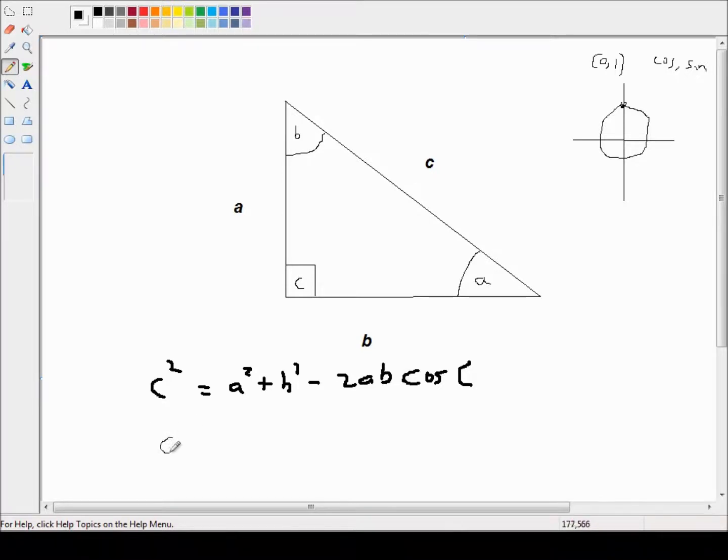So c squared is actually equal to a squared plus b squared minus 2ab cos 90 degrees. And as we just said, cos 90 degrees is 0. So this becomes 0.